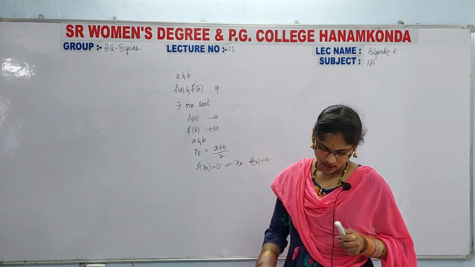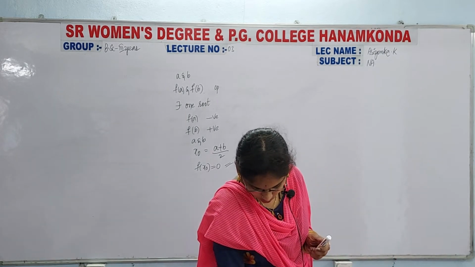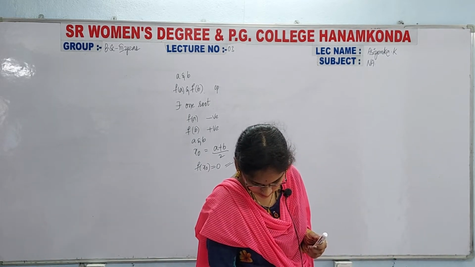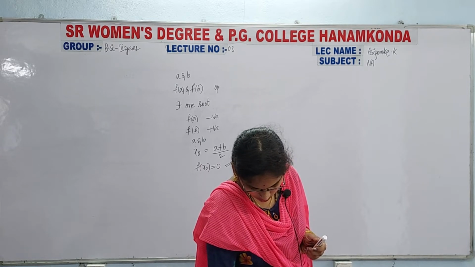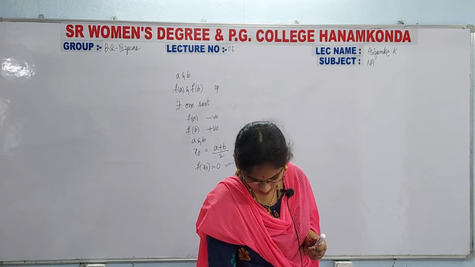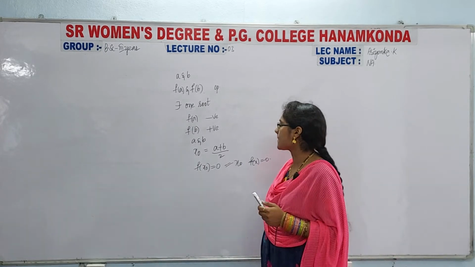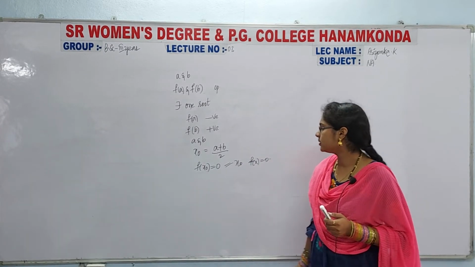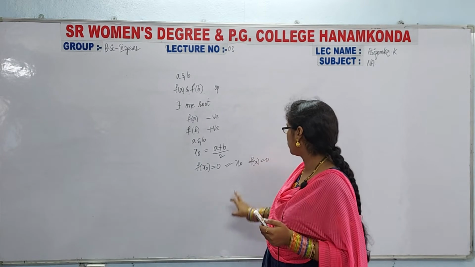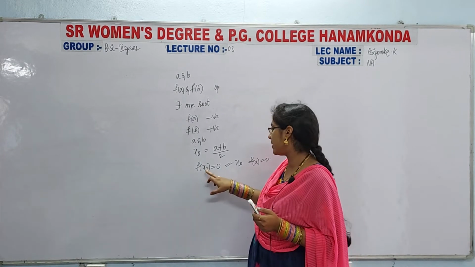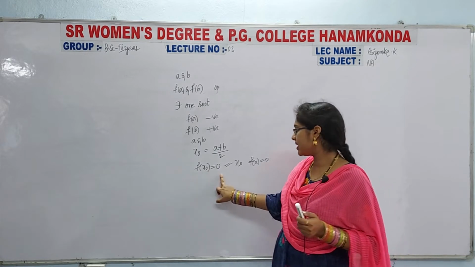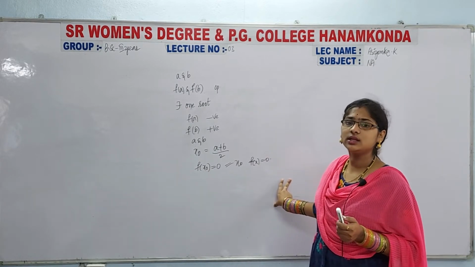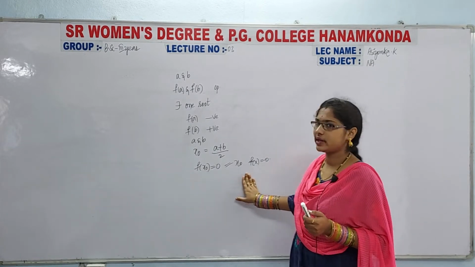Otherwise the root lies either between a, x naught or x naught, b. If by substituting x naught we get f of x naught equal to 0, then we will take that the root is nothing but x naught.